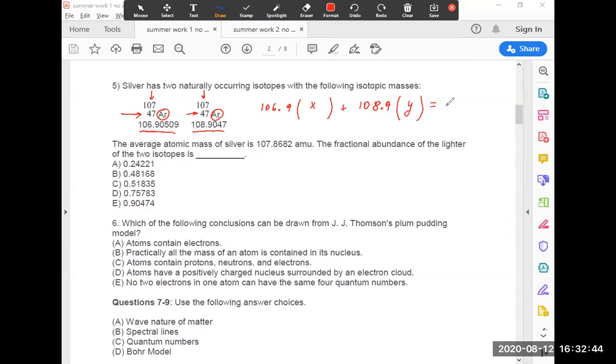But you know that the total average is going to be 107.9 again, AMUs. So how much of this and how much of that do I have? In this case, instead of just guessing, we want to know what the percentage is, basically.